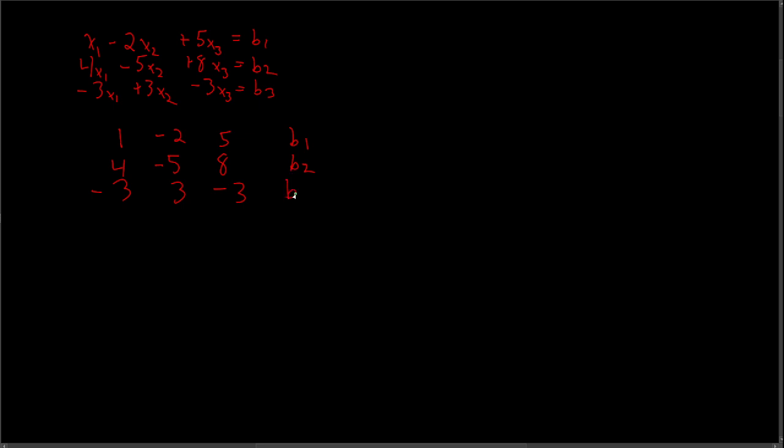B3. All right, so I have a good pivot in the first row here. So I'm going to use that pivot. I'm going to take -4 times row 1 into row 2, and I'm going to take +3 times row 1 into row 3, and that'll be my first manipulation.